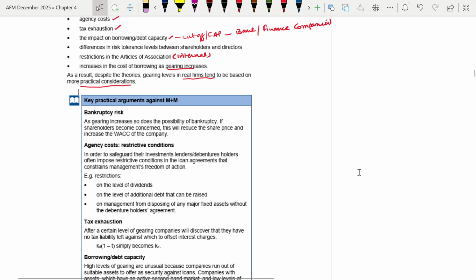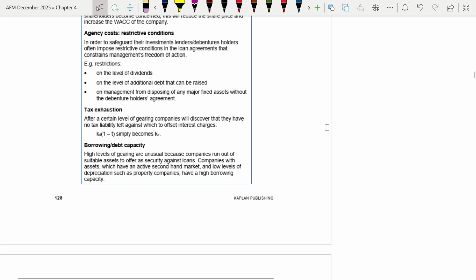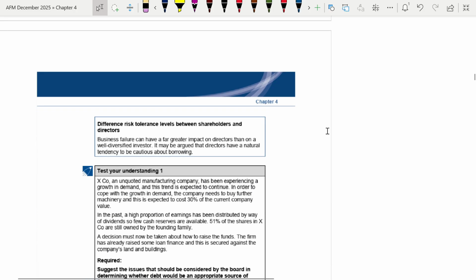They talk about the restrictions, agency cost, the conditions with respect to dividends and additional debt. They are talking about the taxation concept and borrowing capacity. They gave you the explanation about each and everything. Is it clear to you? Yeah. Can I stop now?